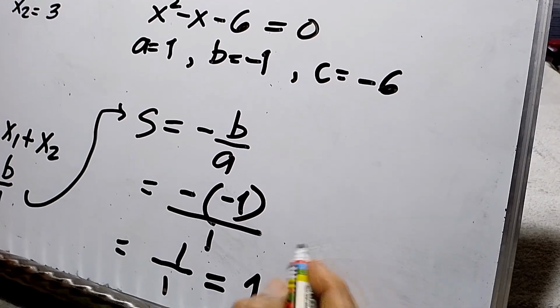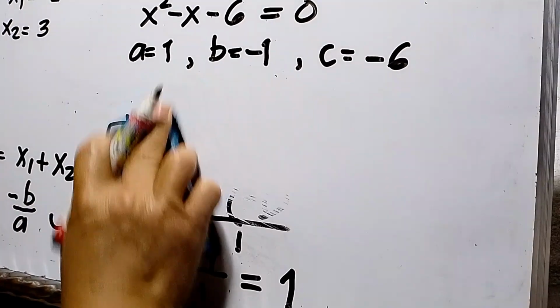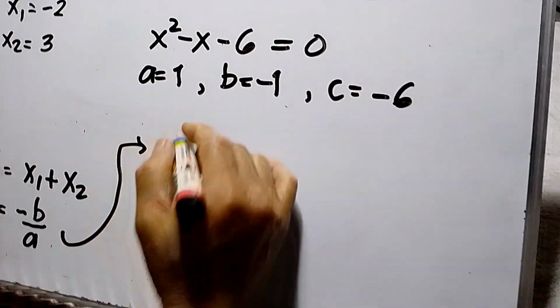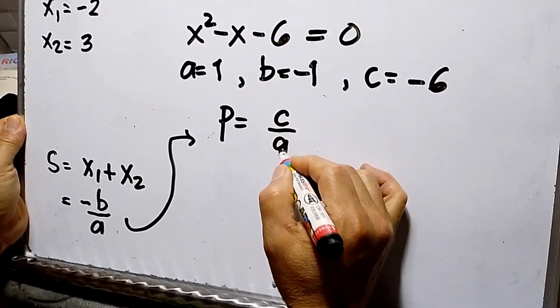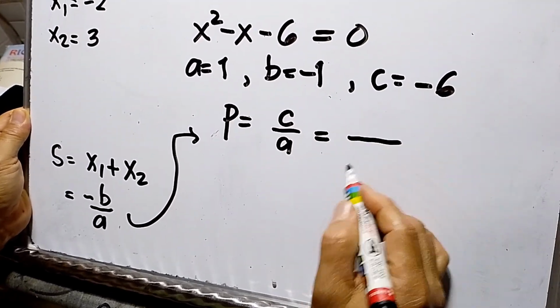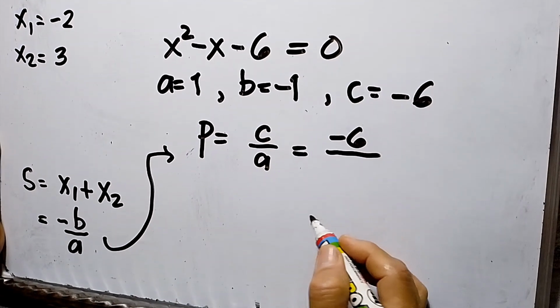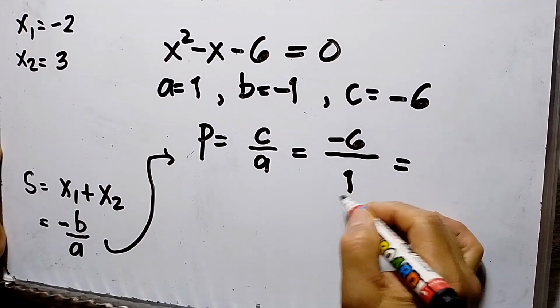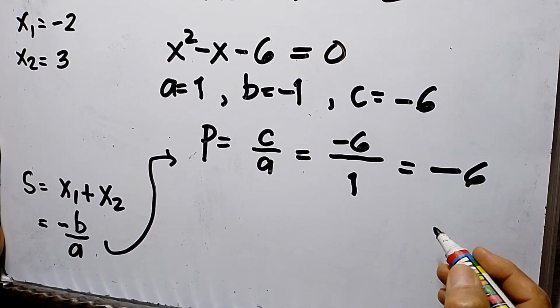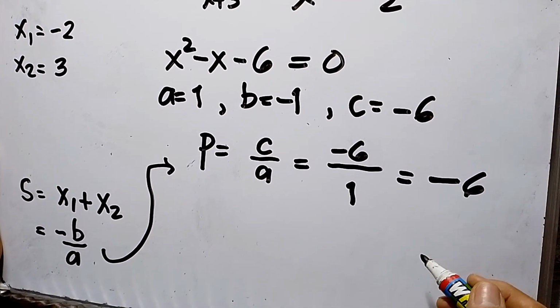So the same. How about the product? Product of the roots formula is c over a. So what is our c? c is negative 6, and a is positive 1. So negative 6 divided by 1 is negative 6. So therefore, they have the same answer. So that's all.